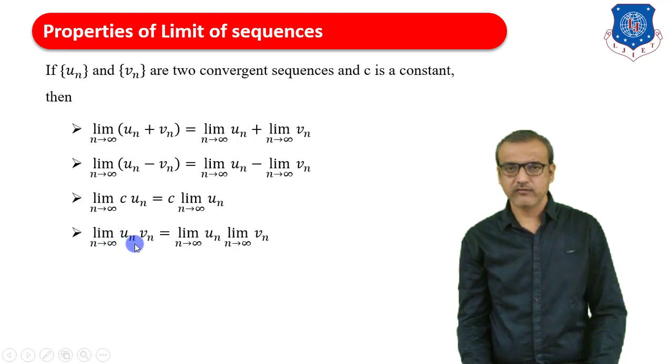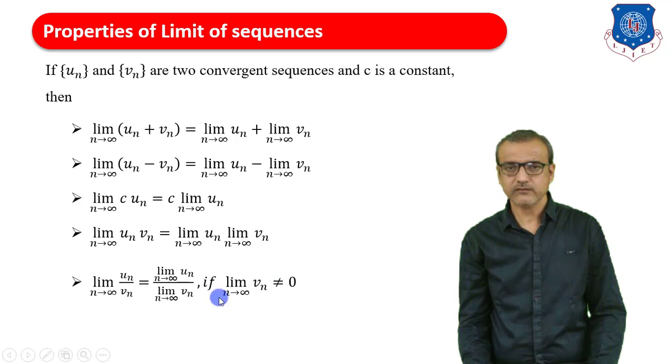Now limit n tends to infinite un into vn equals limit n tends to infinite un into limit n tends to infinite vn. Now limit n tends to infinite un over vn equals limit n tends to infinite un over limit n tends to infinite vn, if limit n tends to infinite vn is not equals to 0.